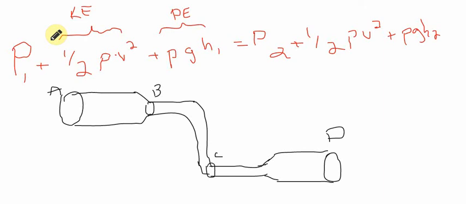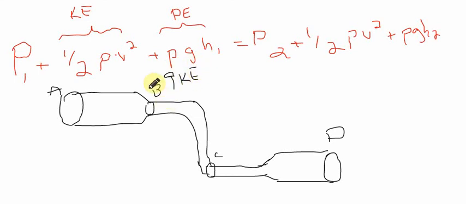Now let's try to see how the quantities change when we get to different points. When we compare A and B, we learned last time that A has a bigger area and B has a smaller area, so B is going to have a greater velocity. If we change velocity, we're actually changing the kinetic energy, so this is going to have high kinetic energy.